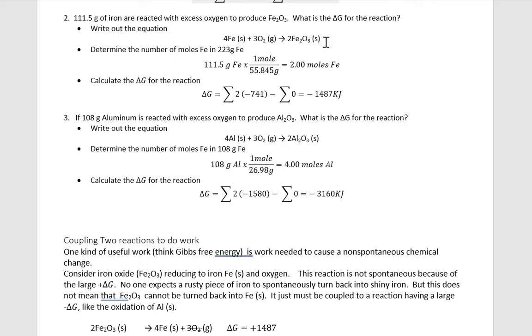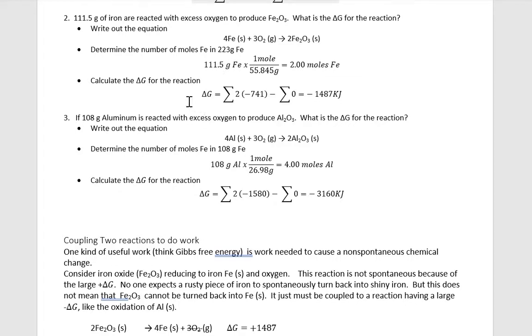So we need to deal with the number of moles, and so I have to first figure out how many moles I have in 111.5 grams of iron. So 111.5 grams of iron, and I know that there are 55.845 grams per 1 mole. I have 2 moles of iron if I have 111.5 grams.